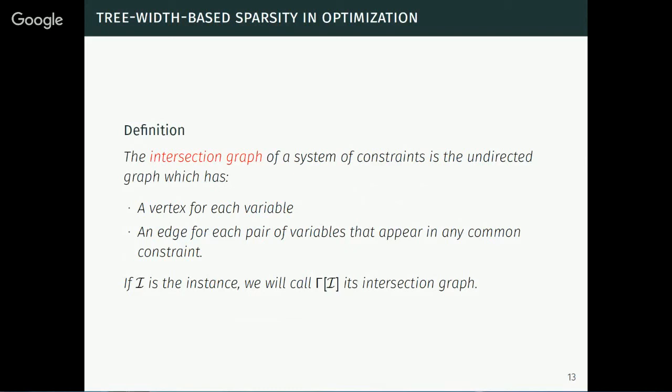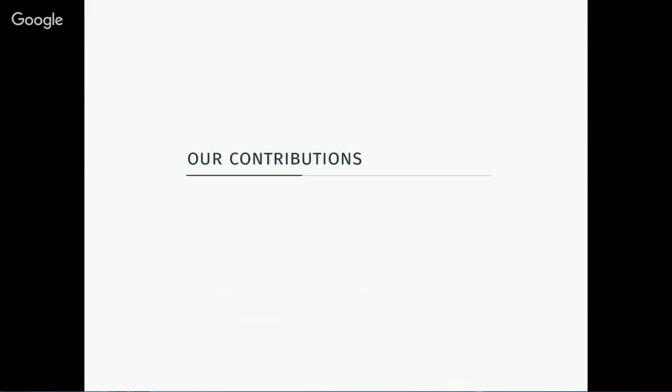Okay, so what we're going to do, just to paint you the picture, is analyze what happens when this graph has small tree width. Is there something useful that we can do? This graph represents the relationships of the variables in the system of constraints that we have.